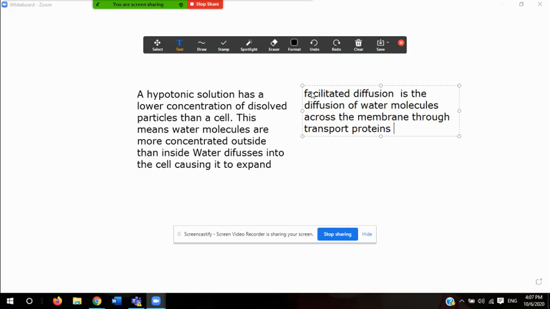Okay, through transport proteins. Now, the word facilitates means to make easier.